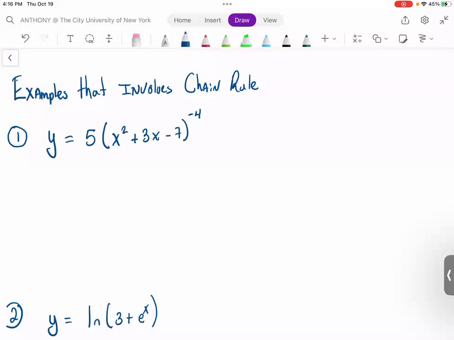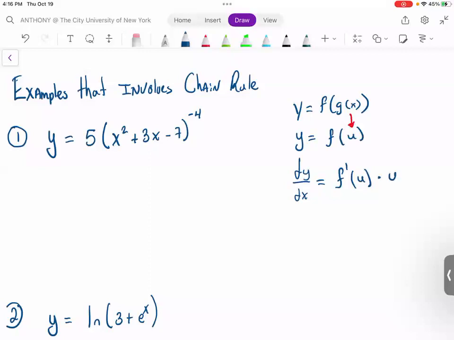So informally, when you look at the chain rule, if you have a composite function, let's say y equals f of g of x, and you rewrite this as f of u, where u replaces the g of x, then by the rules for chain rule, we say that dy over dx, or simply y prime, is going to equal f prime of u times u prime, which essentially means that you take the derivative of the outer function and you multiply it by the derivative of your inner function.